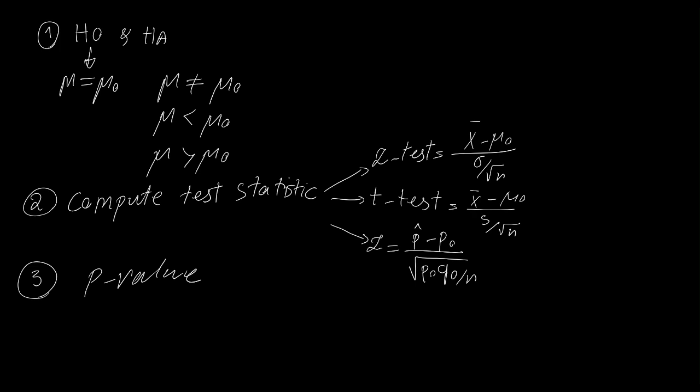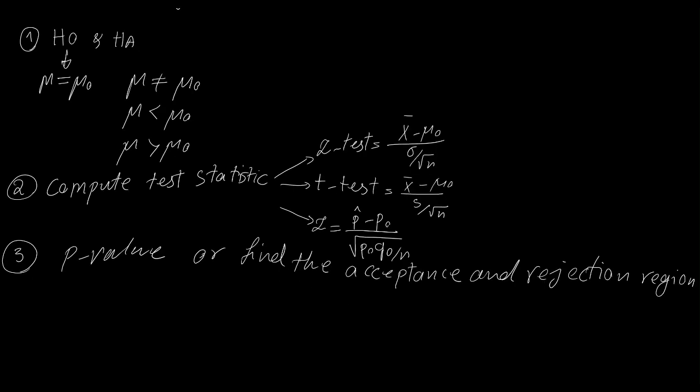Or we can look at the acceptance region and rejection region. So step 3 is computing the p-value, and another method is to find the acceptance and rejection region.